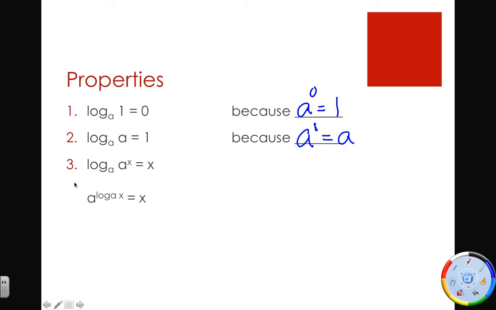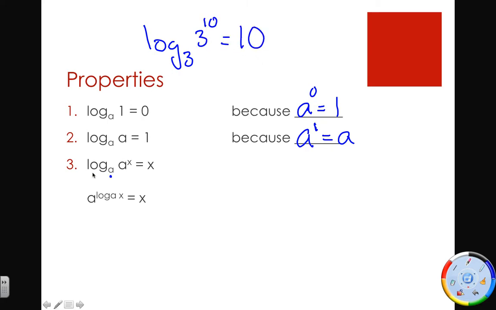And the next two are kind of tricky properties here, kind of. The first part of property 3 says log base A of A to the x power is x. And we could deal with the same thing. This A, down below, A to the power of x is equal to A to the power of x. That tells you x is x. It's kind of a weird statement. But what I want you to notice here is they kind of cancel each other out. You can think about canceling. So if I said, hey, what is the log base 3 of 3 to the 10th?